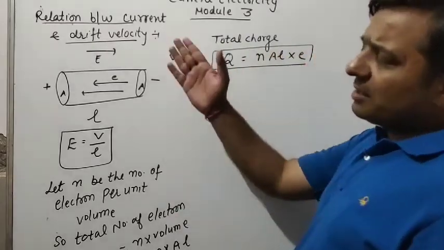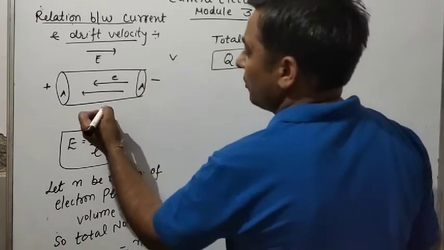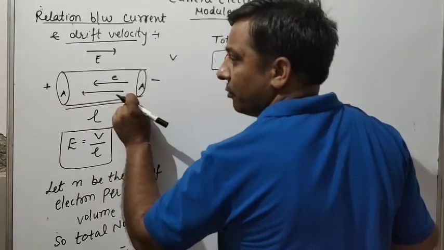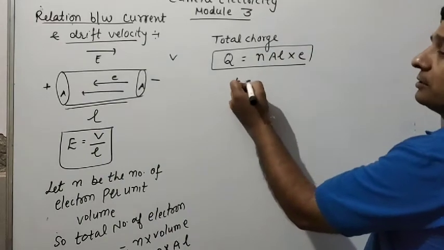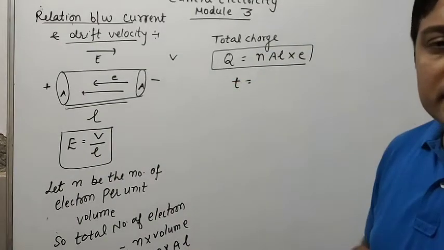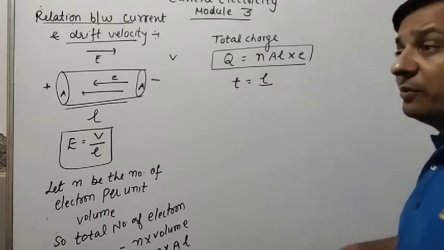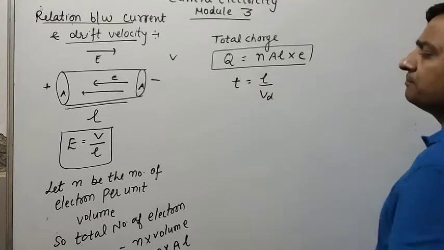Now we are deriving the relation between current and drift velocity, and we know if an electron moves in time t from this portion, if a single electron moves from here to this point, and we find the time, what is the formula of time? Distance upon speed. What is the distance? L, and the speed with which they drift is Vd.